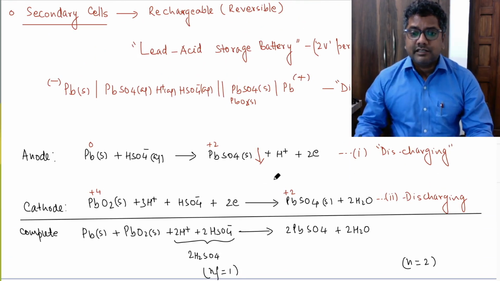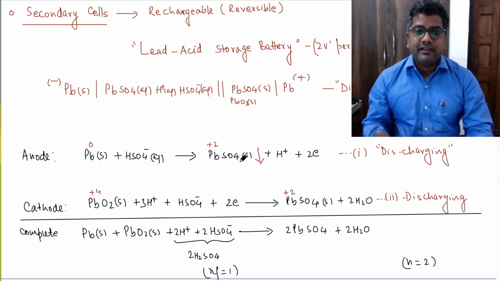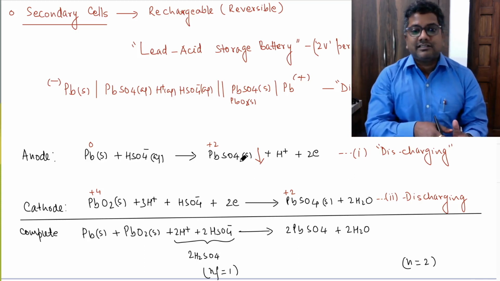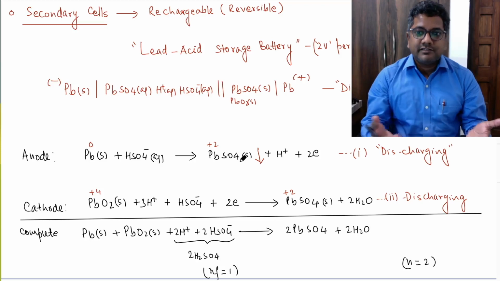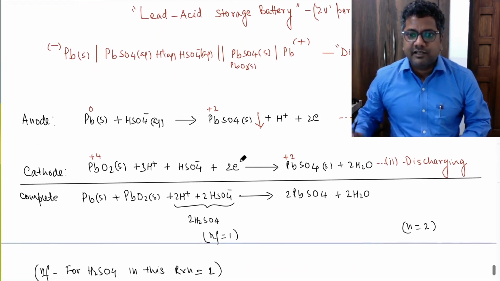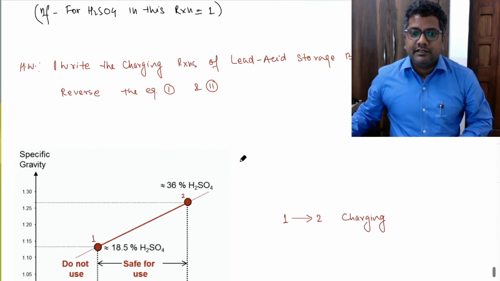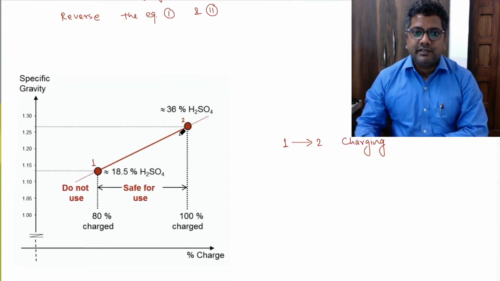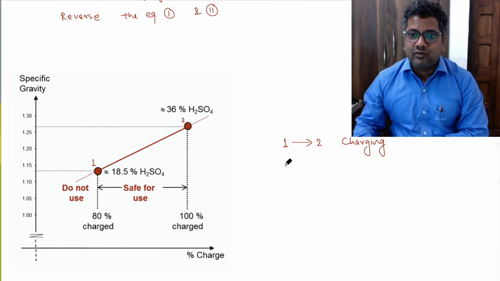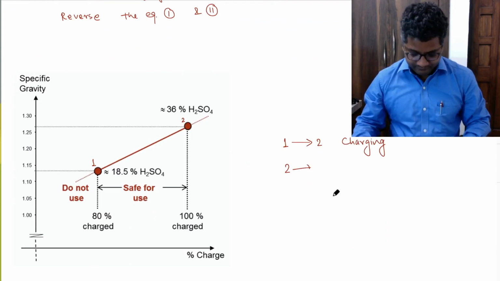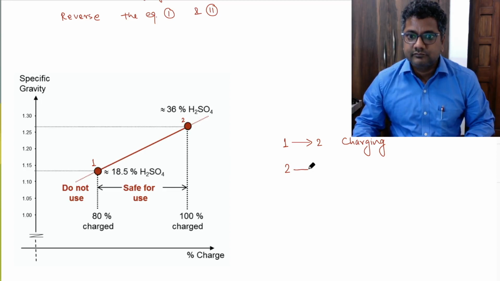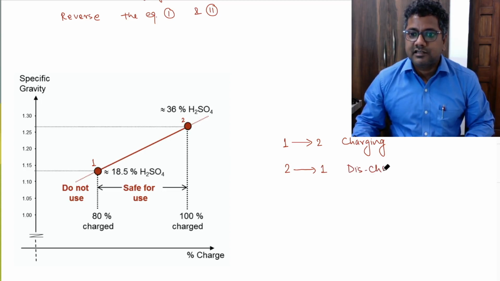And when you reverse this, the lead sulfate will decompose into sulfate, so the density will increase. This is the simple concept here. So in the discharging, density decreases, in the charging, density will increase. And from 2 to 1, this is the, sorry, discharge, right?